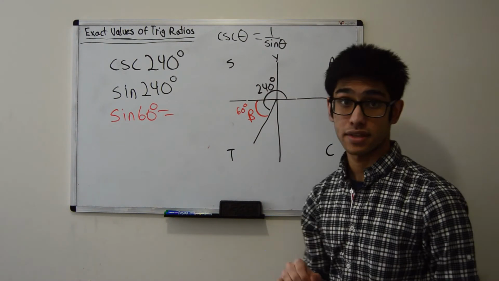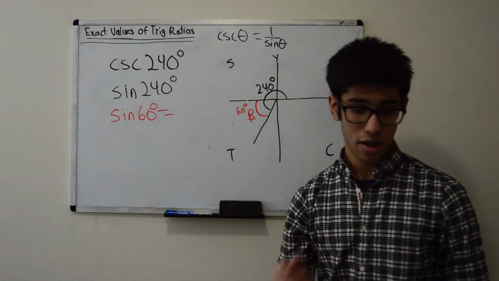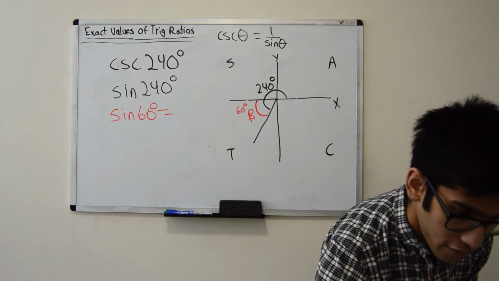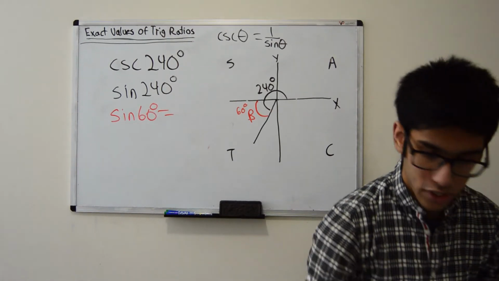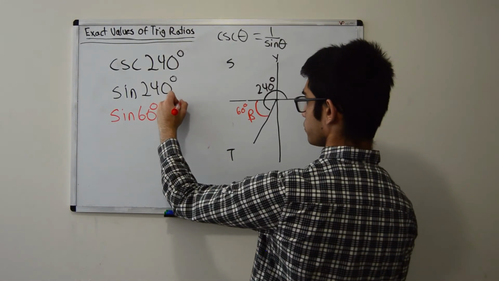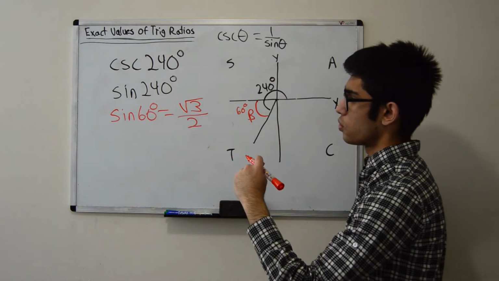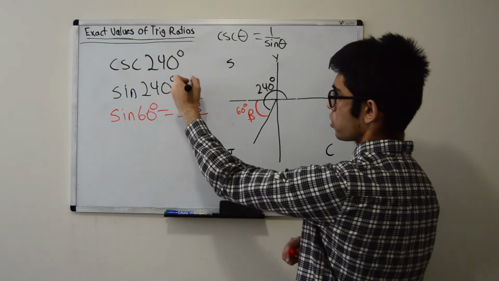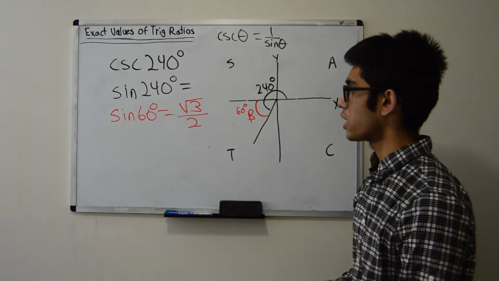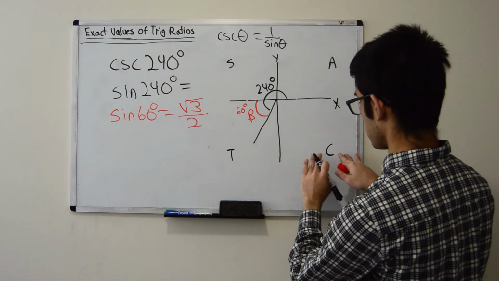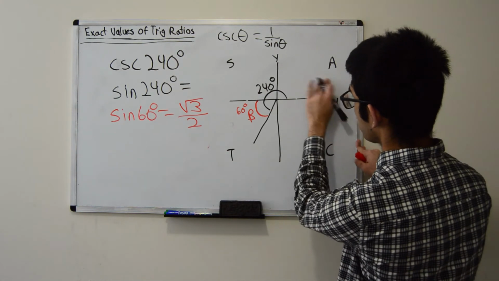Okay? So what is sine 60? I will use my unit circle, and I'll figure that out. Sine 60 is square root of 3 over 2. So what is sine 240? Well, again, let's look at our CAST rule. Cosine is positive here. All of them are positive.